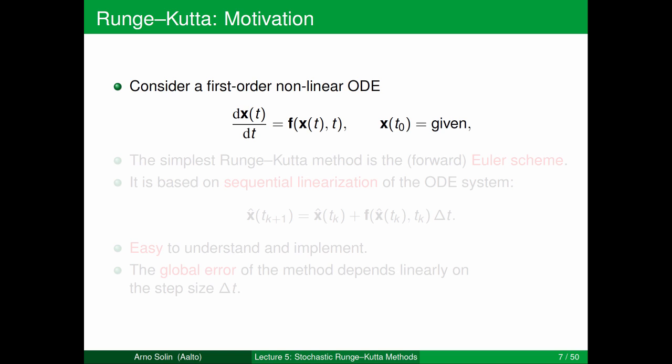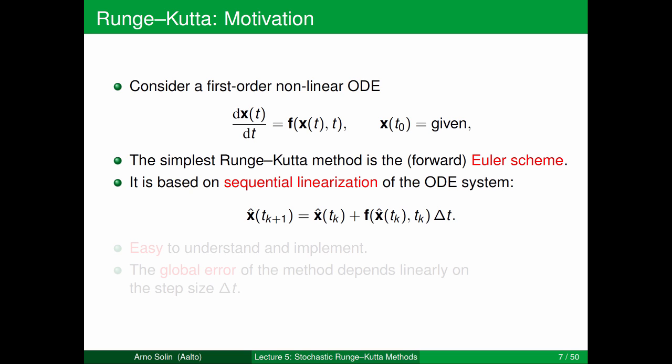Let's start by considering a simple first-order nonlinear ordinary differential equation. The simplest Runge-Kutta method is the so-called Euler scheme, which has been covered on this course already several times. It is simply based on sequential linearizations of the ODE system.